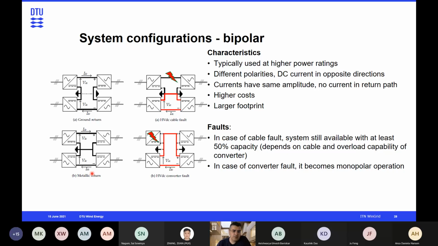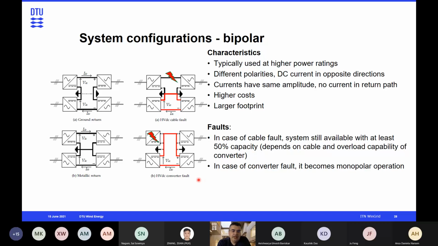So there is a limit on how much power a single VSC converter can carry. By having two converters on each side, we are increasing this limit. But also, in case of faults, it provides redundancy, because in case of a fault, the system is still available depending on the type of fault.